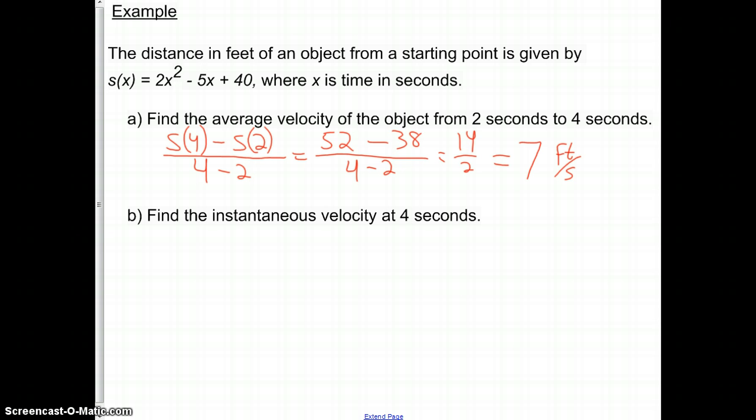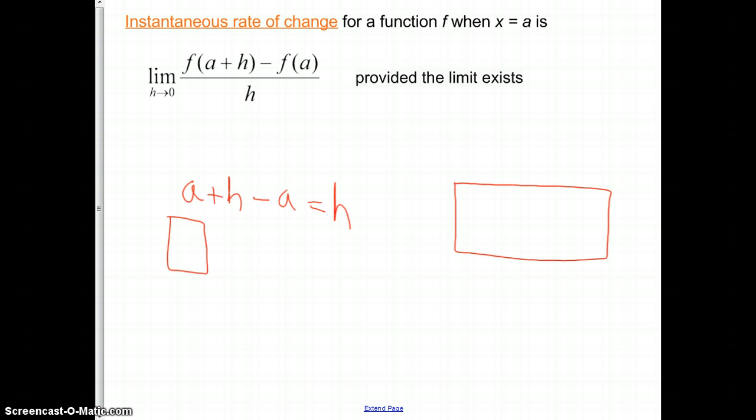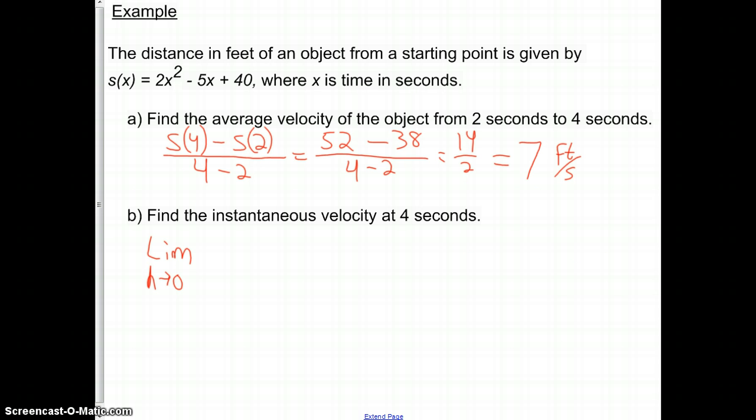Now, the next part of the question is find the instantaneous velocity. That is a limit as h approaches 0. What we are looking at is this equation right here. We're taking the limit at a certain x value, so we're going to plug in 4 for a, for our problem.